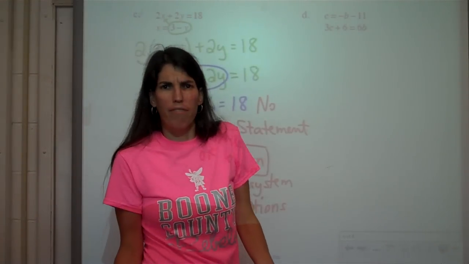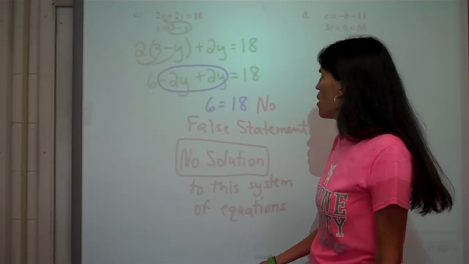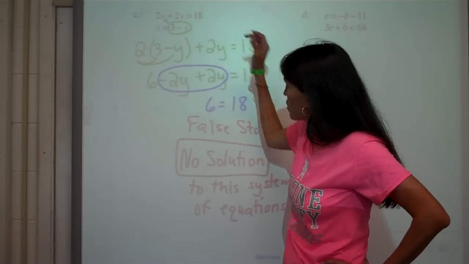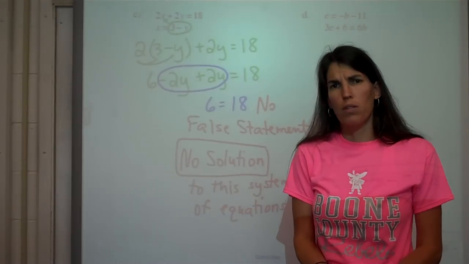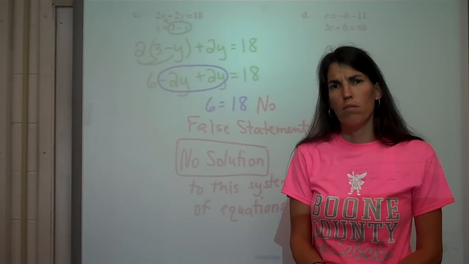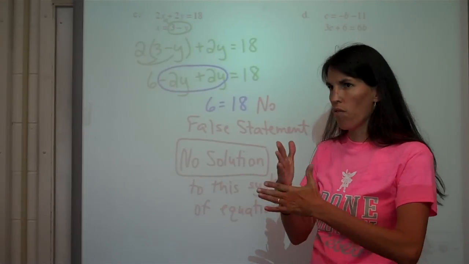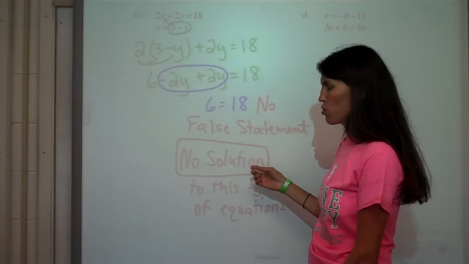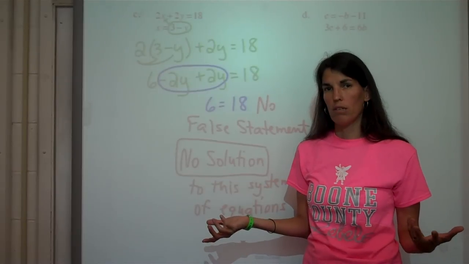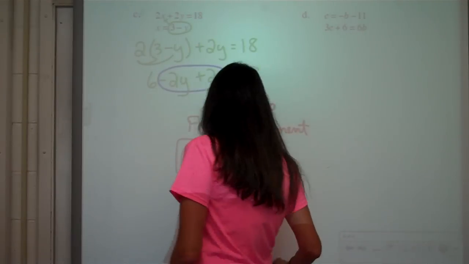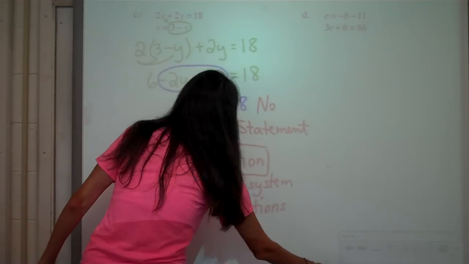What does that mean about the graph? If I were to graph this line and graph this line, what do you think would happen with the graph? I mean, if the solution is the point of intersection and there's no solution, would there be a point of intersection? There would not be.